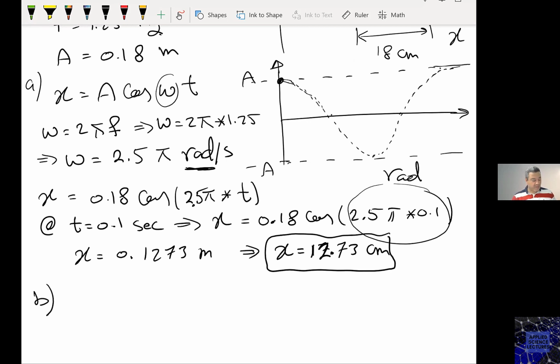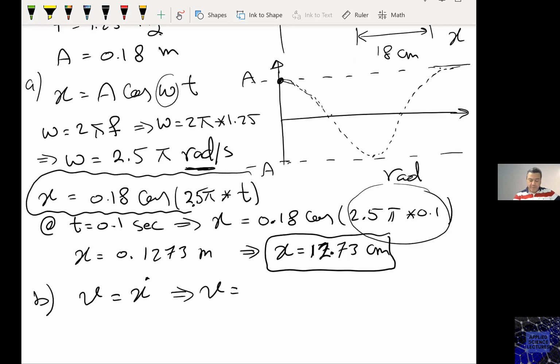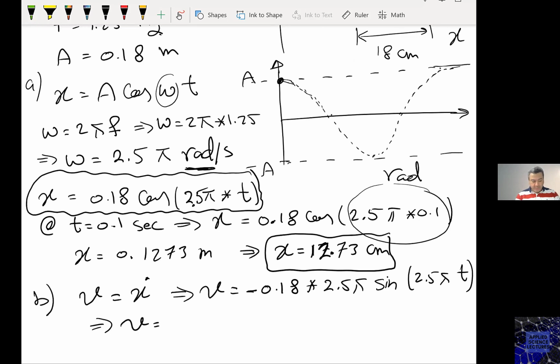B, we need the velocity. We know that the velocity v is the time derivative of the displacement, which means v equals, this is the function for the displacement, then if you take the derivative, cosine becomes minus sine, so I have minus 0.18 times 2.5 pi sine 2.5 pi t, and the function would be minus 0.45 pi sine 2.5 pi t.